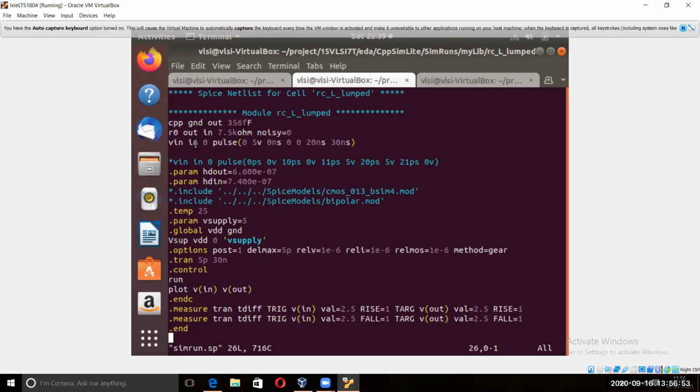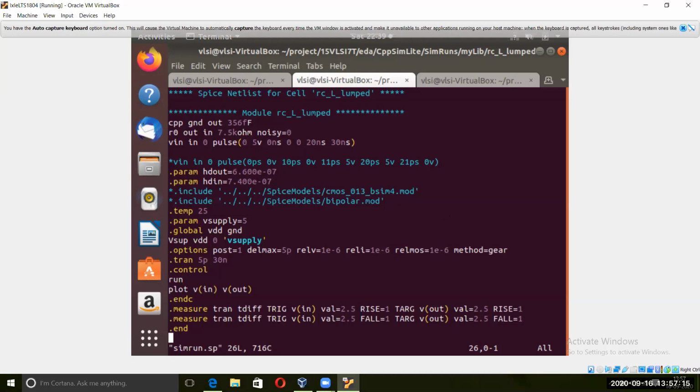One node is connected to the input, other is ground, and pulse are given. Okay, so it is ideal. So 0 to 5, and I have taken the overall delay 0, and the rise time and fall time here I have taken 0, and the period and the width I have taken 20 and 30 nanoseconds.